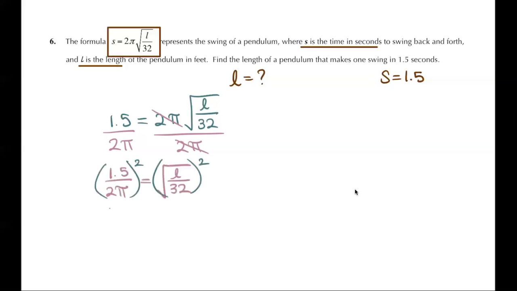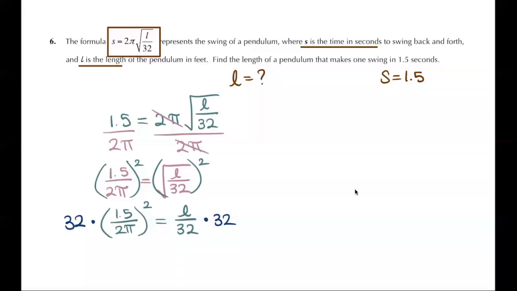All right, so what does that do? This I'll just leave as this squared, and then what is left on the right-hand side? I think it's just L over 32. Good. Okay, and then to solve for L, what is one more thing I have to do? Multiply it on both sides by 32.